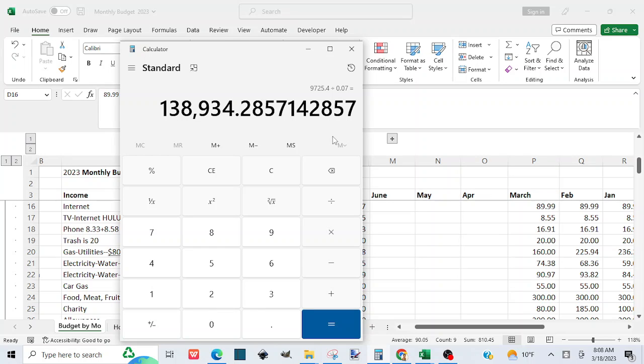Okay, so hold on. So 810.45 times 12, divided by 0.07. So 138,934 is what you will invest if you only choose 7% dividend stocks to invest in.